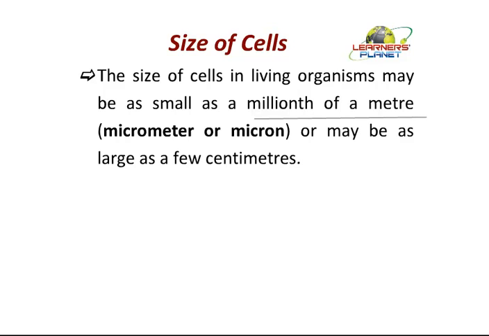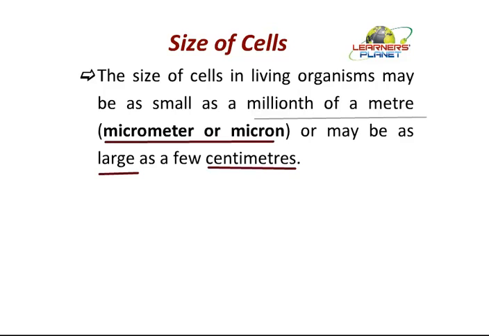It is a micrometer. So the size could be a few microns or micrometers, or otherwise it can be as large as a few centimeters. So now you can think of the range of the size of the cell. It ranges from 0.1 micrometer to a few centimeters.